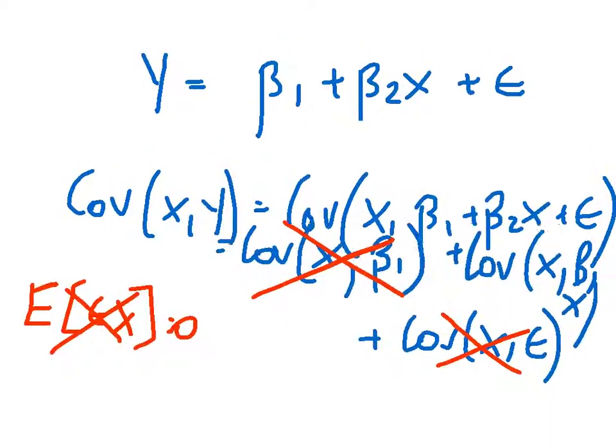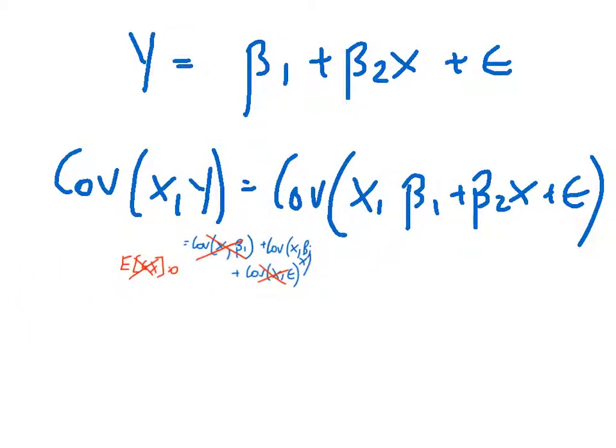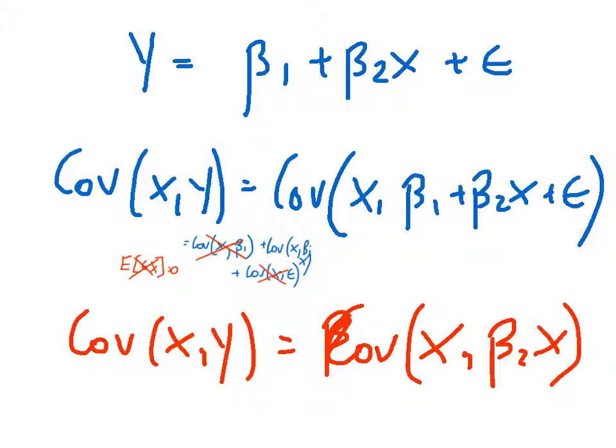So what we're left with is simply the statement that the covariance of x and y is equal to the covariance of x and beta 2 x. Because this is a covariance, this beta 2 term is in there once and comes simply out of the brackets, which leaves us with the covariance of x and x.